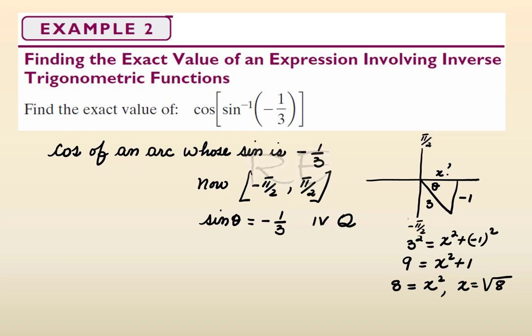Taking 1 from both sides, 8 is equal to x squared, and x is equal to square root of 8, which when simplified becomes 2 square root of 2.